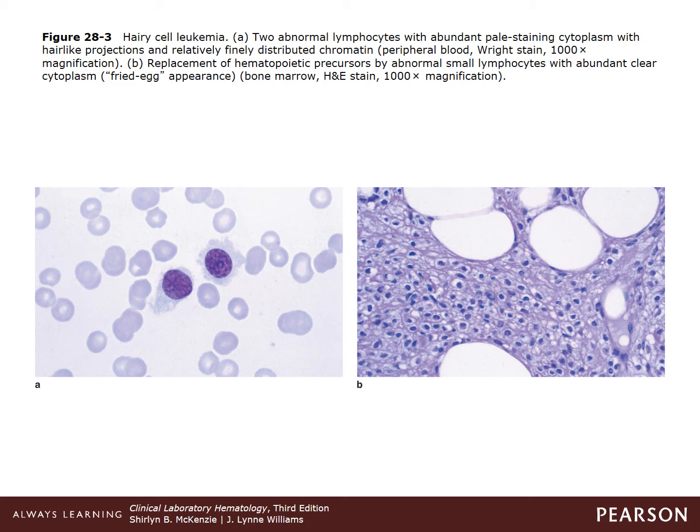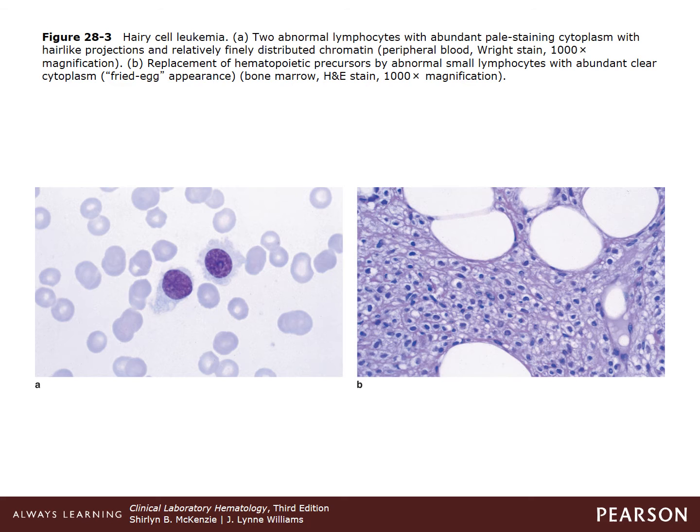So on the left, you have a peripheral smear with these hairy cells. And these hairy cells are very characteristic because they have abundant pale cytoplasm. But their circumferential cytoplasm has these projections, so they look like hair, hence why it's called hairy cell leukemia.